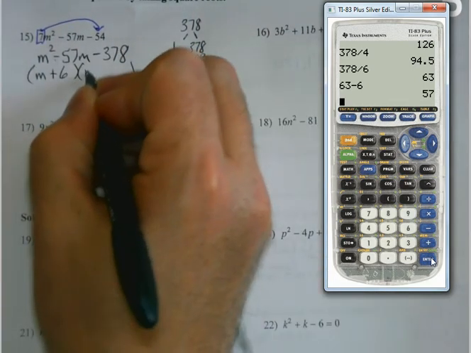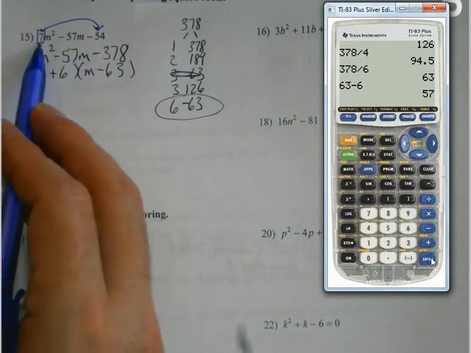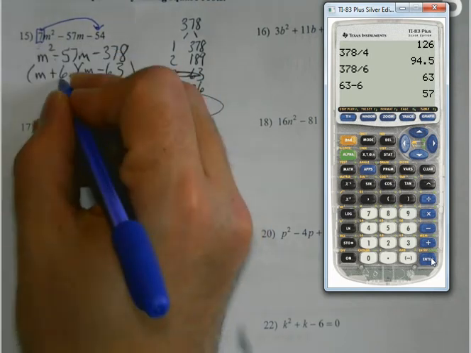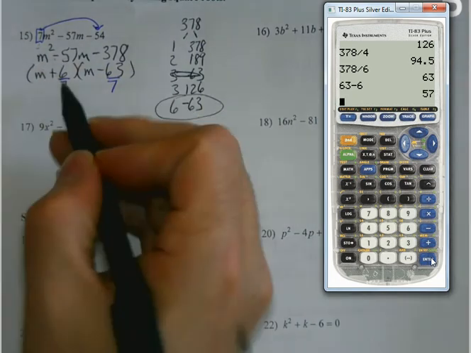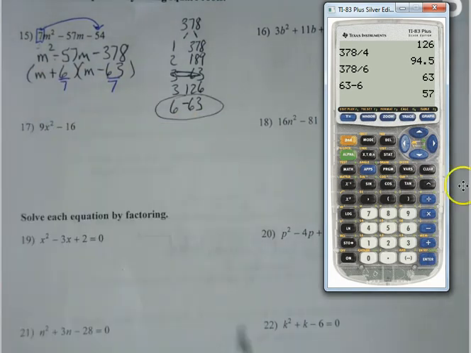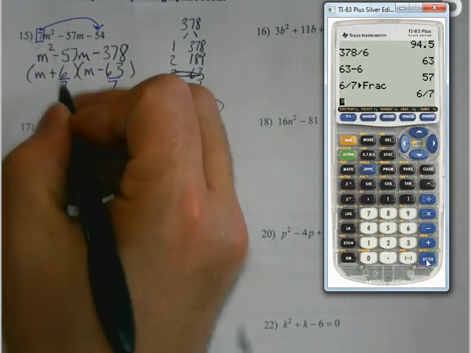x plus 6, x minus 63. Now am I done? Not quite. That first number I slid down, we're going to divide in. If it doesn't go nicely, I'm going to make sure it's reduced. Okay, it's reduced.